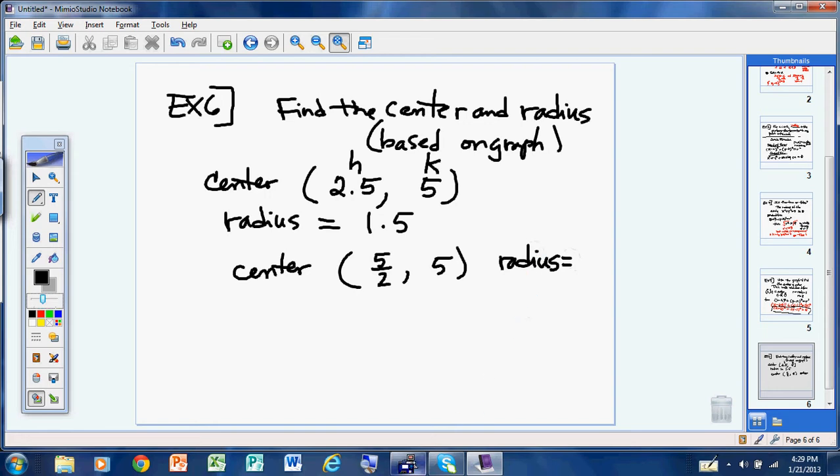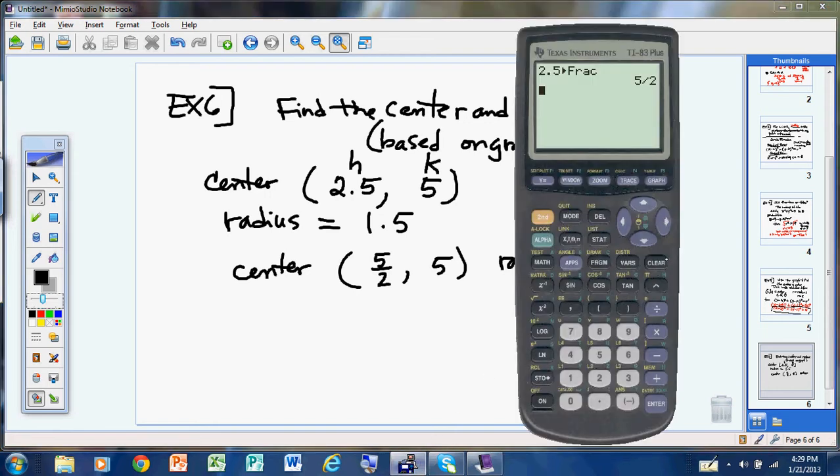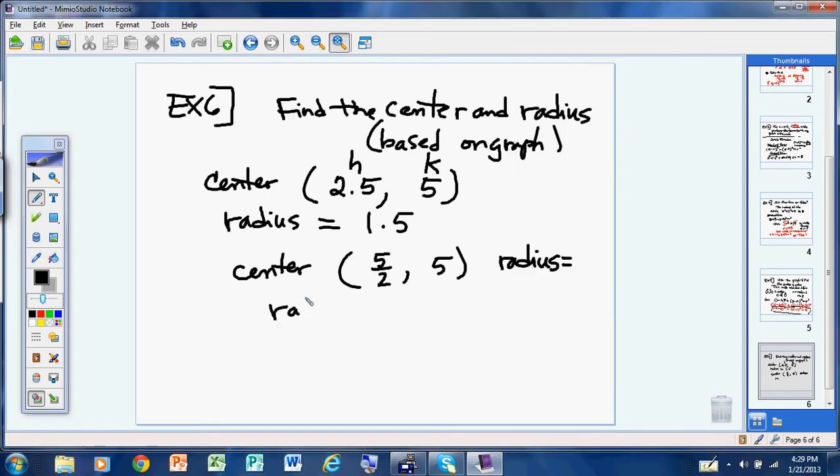Let's bring that TI-83 calculator back up, and let's convert the other one, the 1.5 for the radius. Go to math. It's already on fraction mode. Enter, enter. And notice that's 3 halves. So our radius in fraction form is now 3 halves.